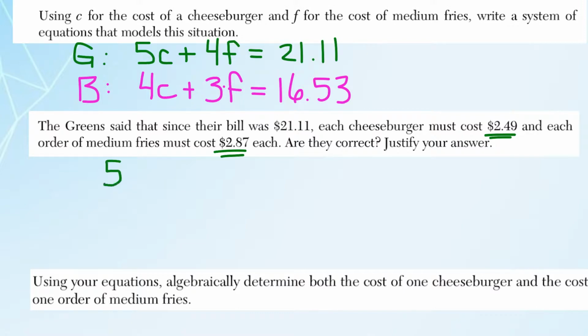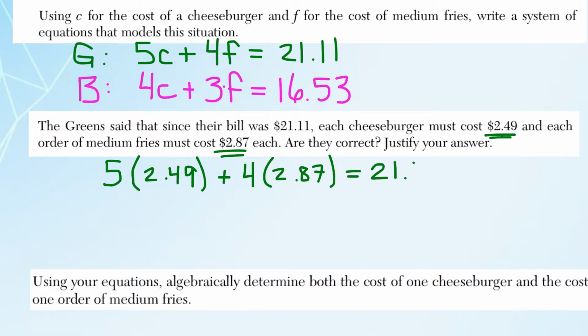So let's check. The equation was 5 times C, and we're being told that the cheeseburgers are $2.49 each. Then we add 4 times the price of the fries, which they think is $2.87. And then we check to see if that is, in fact, $21.11.